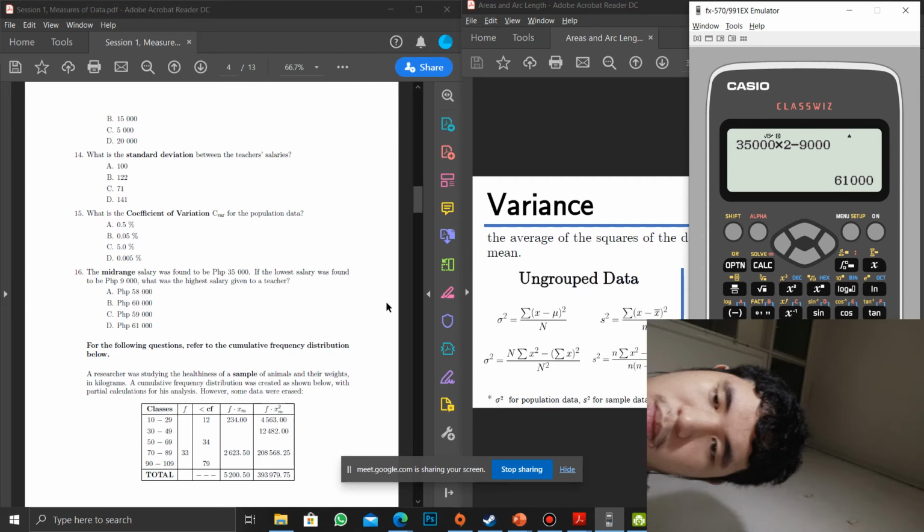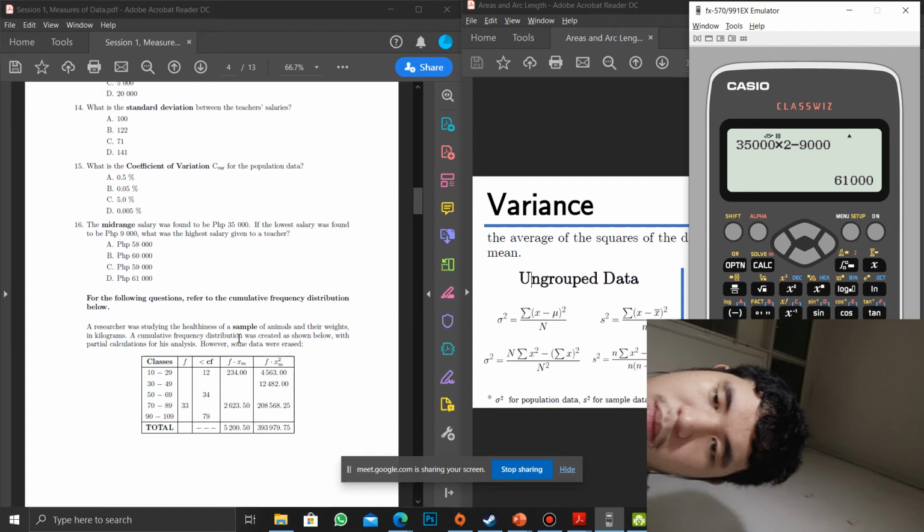Ito naman. Sige nga. Cumulative frequency distribution. Sige nga, to test, I'll give you 3 minutes to complete this table, if naalala nyo pa yung ginagawa natin. Pa-zoom in pa ng konti.